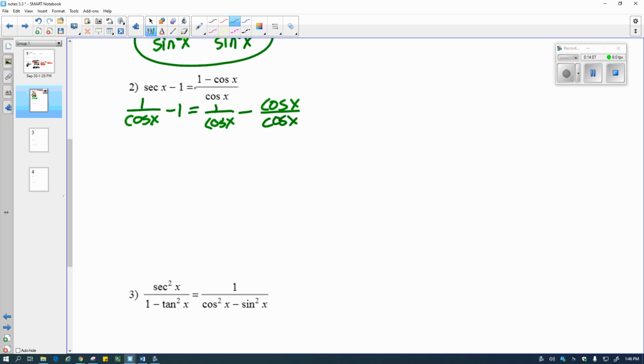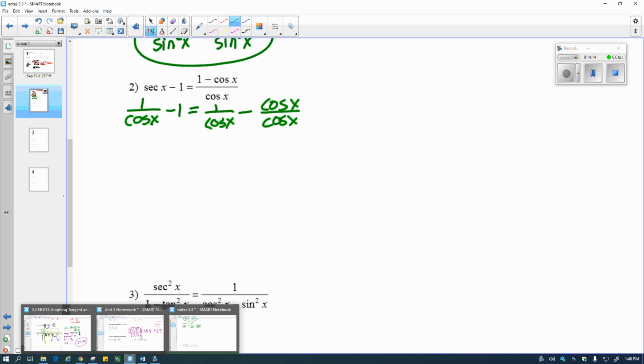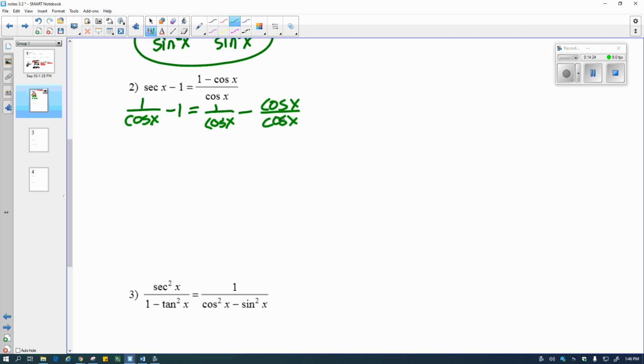So I just took 1 over cosine x minus cosine x over cosine x. That's breaking apart. Normally we don't do that. Normally we don't break apart the fraction. Usually we want to combine it and put it together. But I'm doing this because the left-hand side has 2 separate pieces.